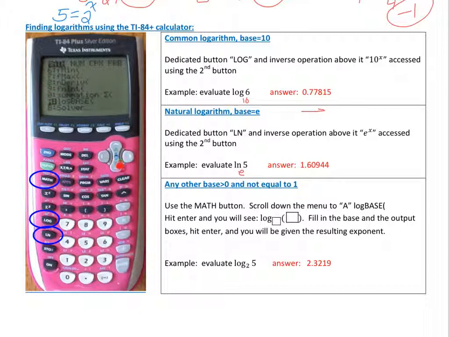So you're going to use this downward arrow and scroll down, and you're going to find the capital letter A, which you'll see here. It says log base and parentheses. And so when you hit that A and hit enter, then what will come up is log, and you'll see a little box to place the base in, and then another box to put the output in.